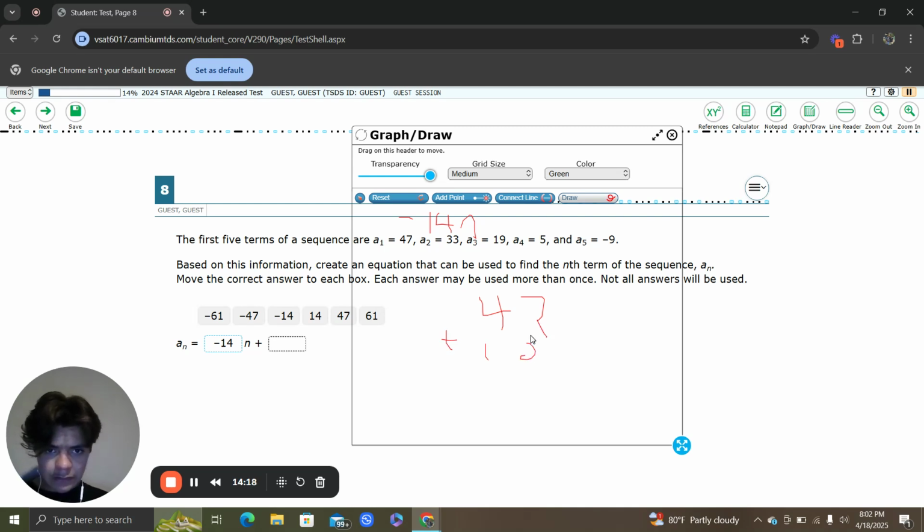Oops, here's an eraser. 14. So using that, 8, 9, 10, 11, carry the 1, 61. So your initial value, A0, is equal to 61.